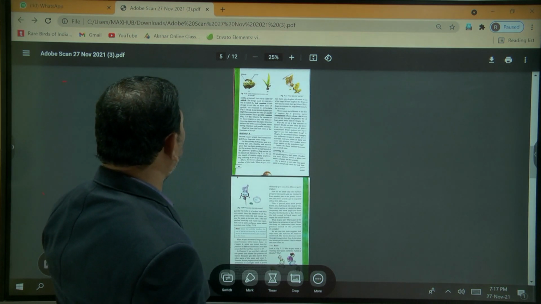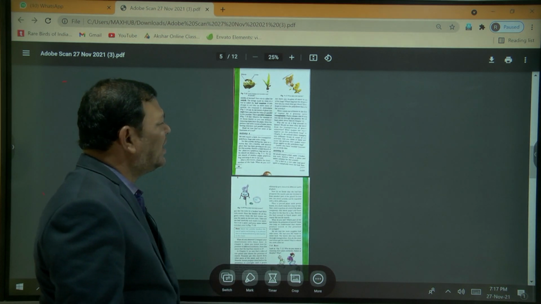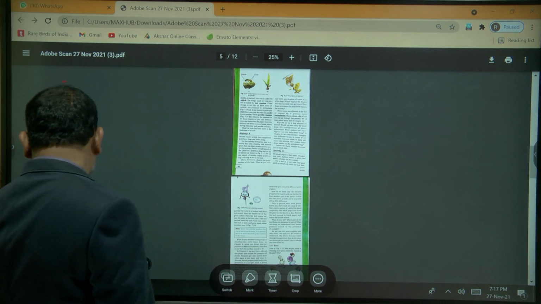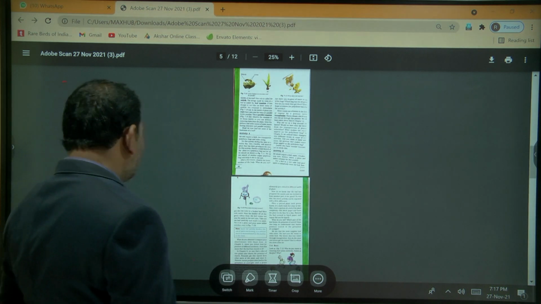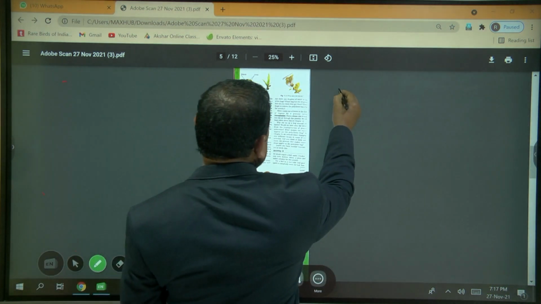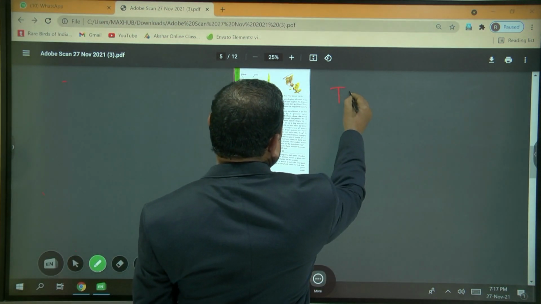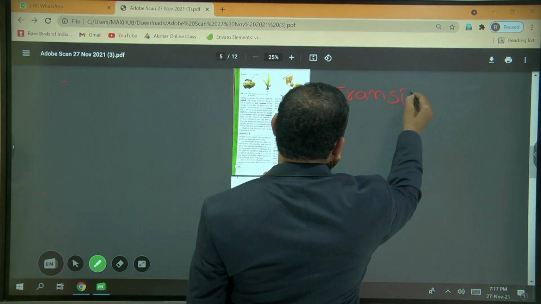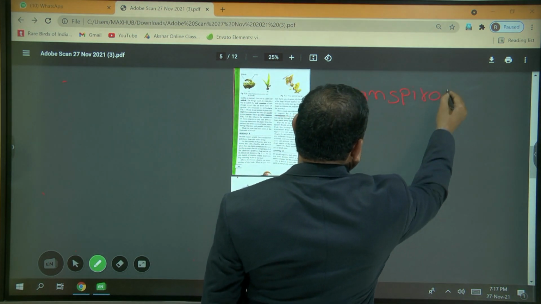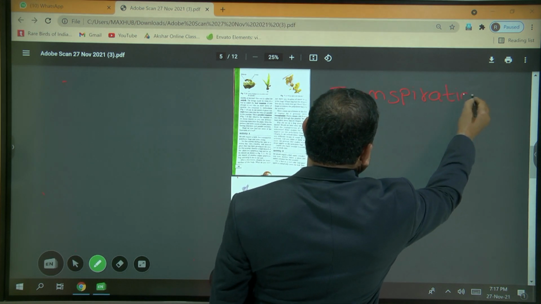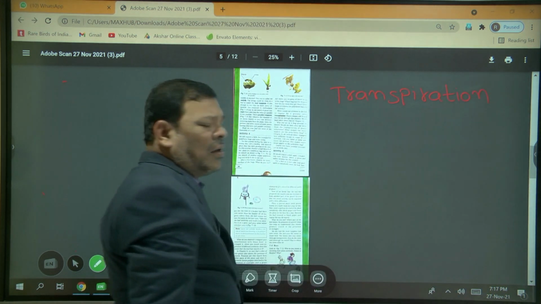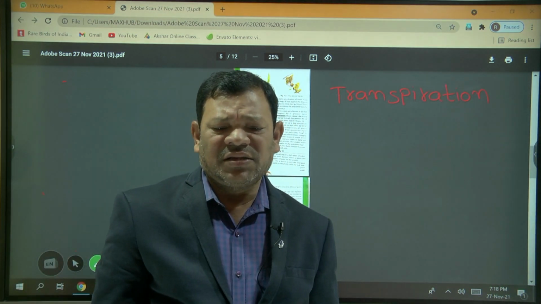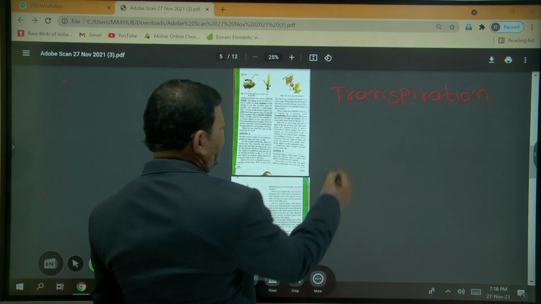What is the meaning of transpiration? Actually, plants take water and minerals from the roots. Yes or no?